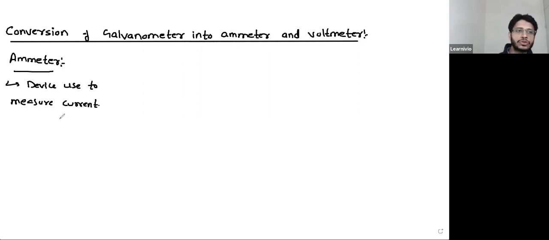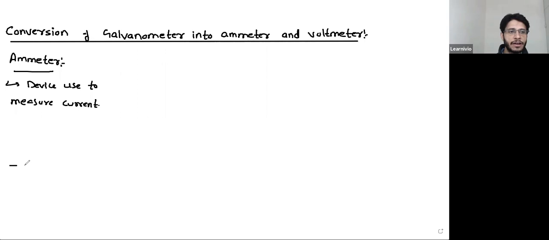Why don't we use a galvanometer for the measurement of current? The first reason is its resistance is large. The second reason is the range is small. While converting a galvanometer into an ammeter, we just decrease the resistance of the galvanometer. While decreasing the resistance of the galvanometer, the range of the ammeter automatically increases.